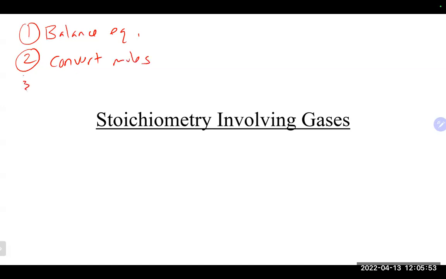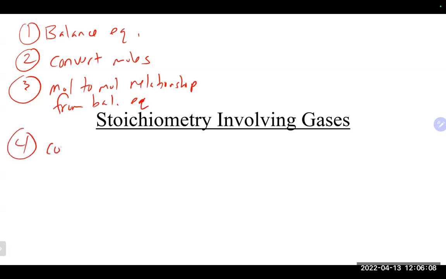You want to do the actual stoichiometry part, which is the mole to mole relationship from the balanced equation. And lastly, you want to convert moles to some other unit.